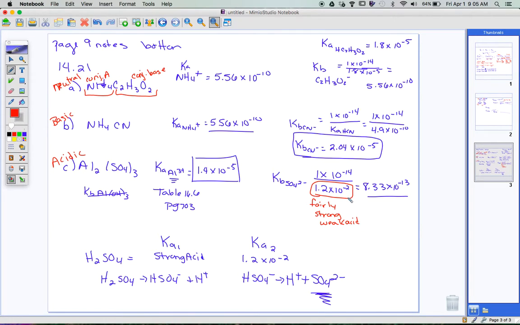It has a fairly large Ka. And then the conjugate base is very weak, almost the same as water, because water is times 10 to the negative 14th. So hopefully you can see that inverse relationship there.